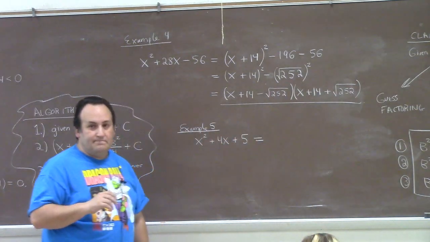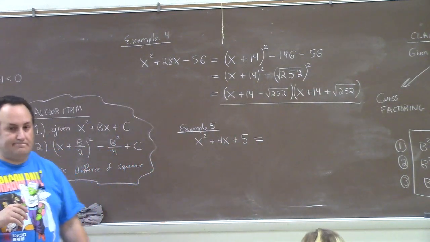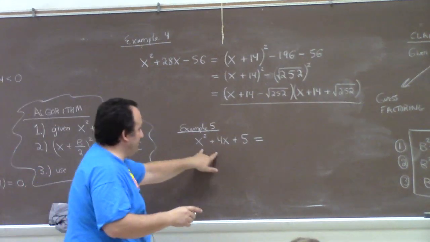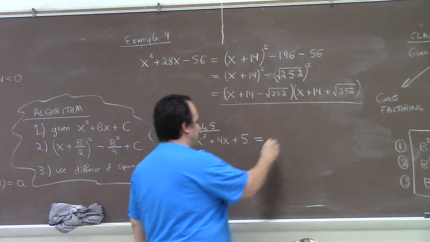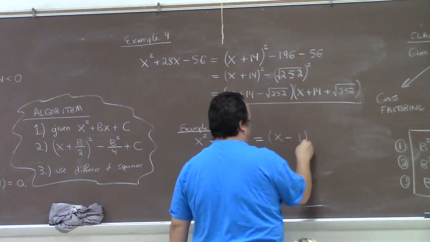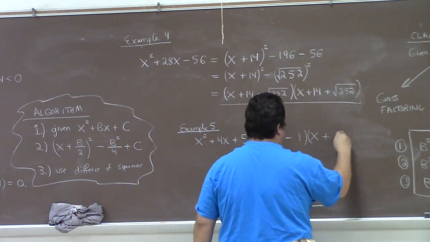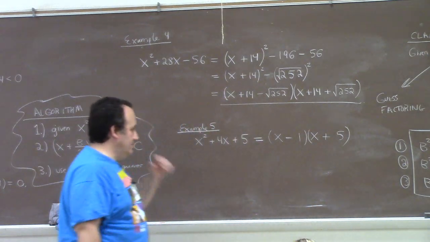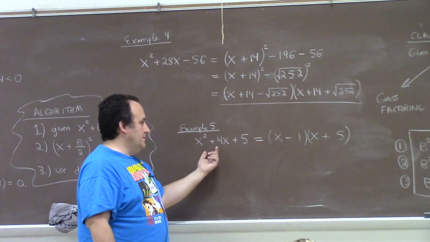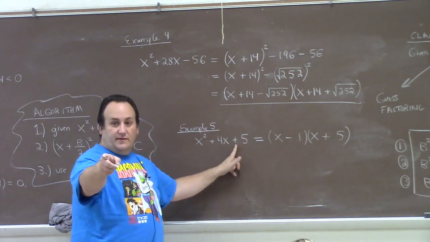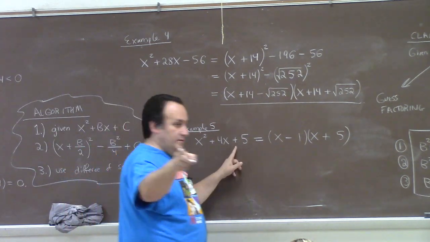So, x minus 1, x plus 5. Oh, well, we could try that. Never mind, that's a positive. I actually think it's a negative side. If I had a minus here, you'd be right.